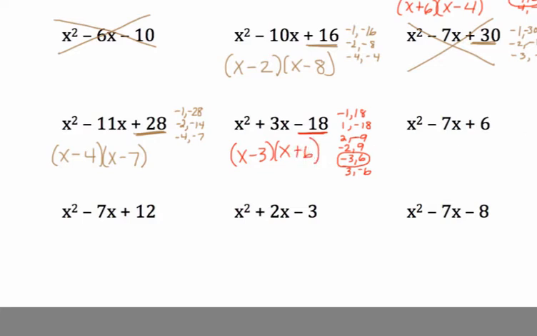Next one. My multiplying number is 6. My adding number is negative 7. So what numbers would multiply together to be positive 6? Looks like it's going to be a negative. So negative 1 times negative 6, or negative 2 times negative 3. Those would both make positive 6.